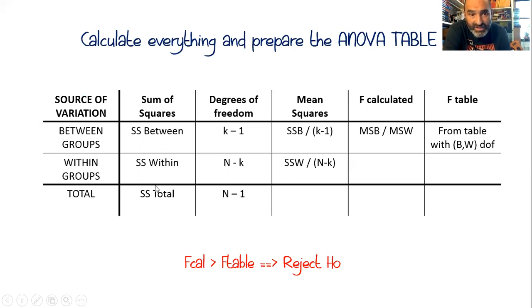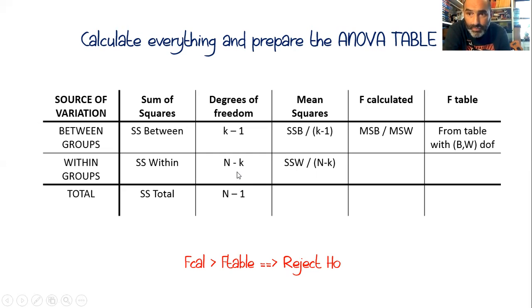And as your sum of squares, when summed up along between and within, should equal to total, it's the same case for the degrees of freedom. When you sum up between and within degrees of freedom, they should be equal to total degrees of freedom, which is n minus 1 minus k minus 1 is going to give you an n minus k.